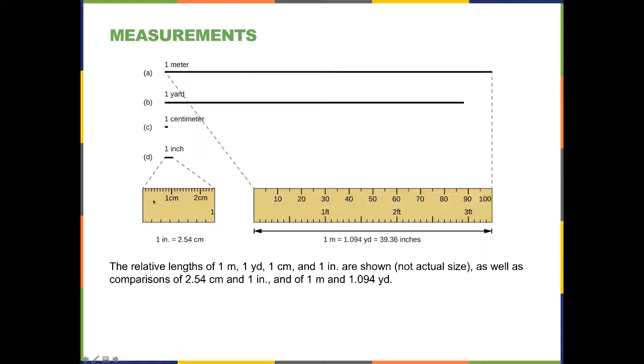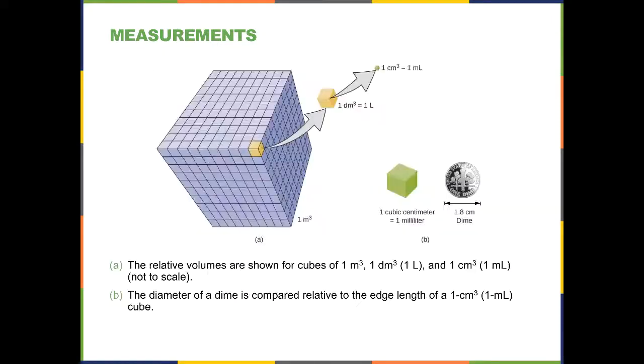And 1 inch, on the other hand, which is, it takes 12 inches to make a foot, as you know. 1 inch is 2.54 centimeters. That's the same length. And we will do some conversions and show ways of doing conversions as we go through these various measurements. So these are measurements of length.